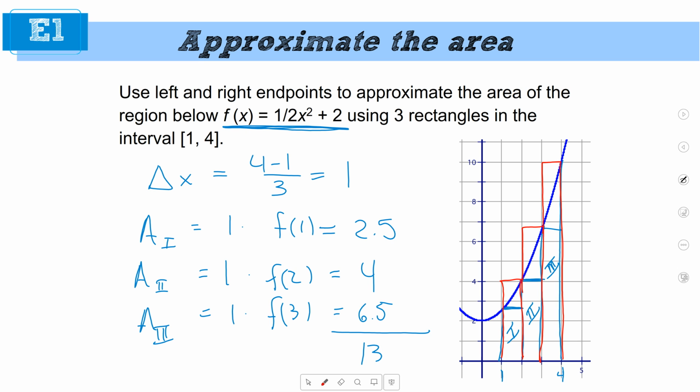I have some different heights there, but still doable, and you just go and find the area of each of those rectangles and add all three up. Good? Okay. That's the first two types, left-hand and right-hand rectangles.